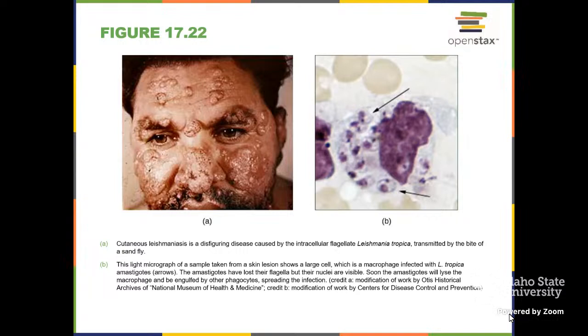If these macrophages had ruptured, releasing them, they've got the ability to migrate around and try to infect other things. And in this circumstance, we can see it in a blood smear with some red cells and the like, all right?